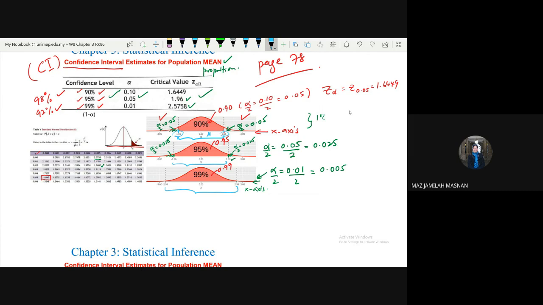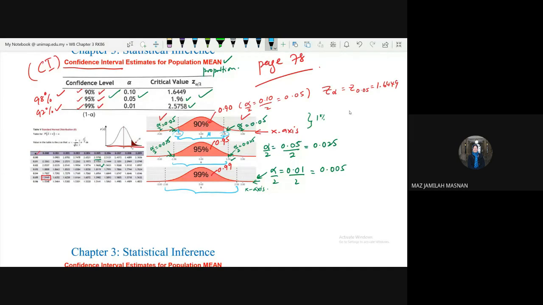So you can see the larger the alpha, the smaller the interval range. The smaller the alpha, the larger the interval range. Let me repeat. The larger the alpha, for example 0.10, gives you a smaller interval.